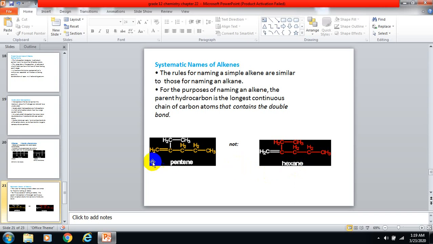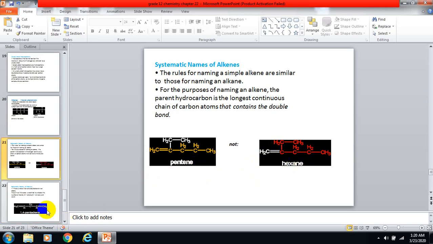It will be known as pentene, 5, okay. Not hexene. Understand? 1, 2, 3, 4, 5. So pentene, not the hexane one.